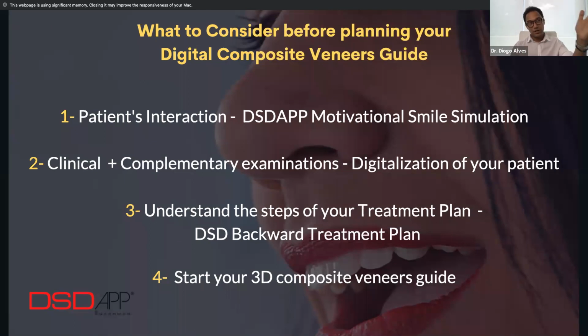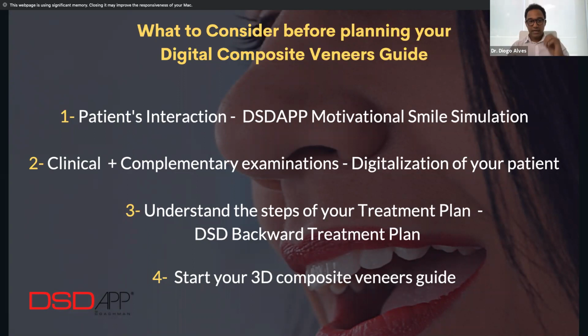You envision what the patient wants, then you collect the technical information to apply to your treatment plan, and then you go from there in order to get the final result based on what the patient needed and wanted. And then of course you start your 3D composite veneers guide.